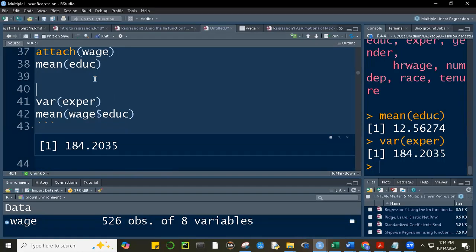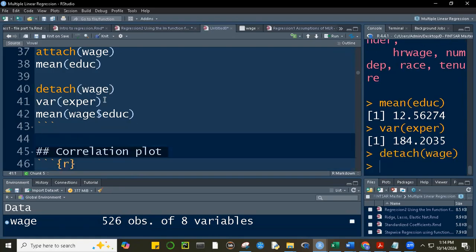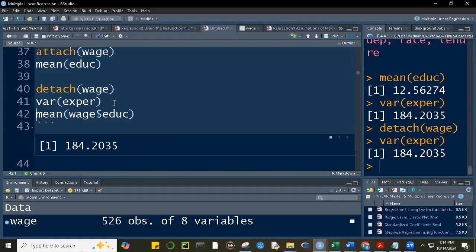So if I want to detach, pwede ko rin gawin yun, detach. Kung na-attach ko, tapos na akong gamitin si wage, I can detach that, and then, so naka-detach na si wage. Yan, no? Nakarana, detach wage. And then I run var. Okay, oops, ano nangyari? Wait, hindi ko yata na-run to. Detach wage.